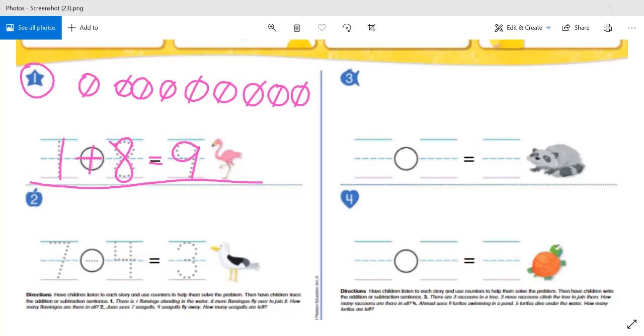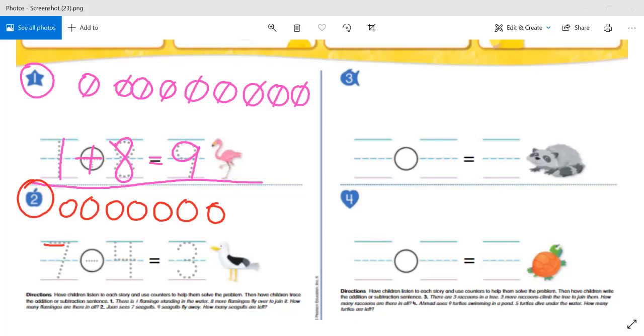Let's go to our next problem. Problem number 2. Okay, we have 7 seagulls. 1, 2, 3, 4, 5, 6, 7. 4 seagulls fly away.